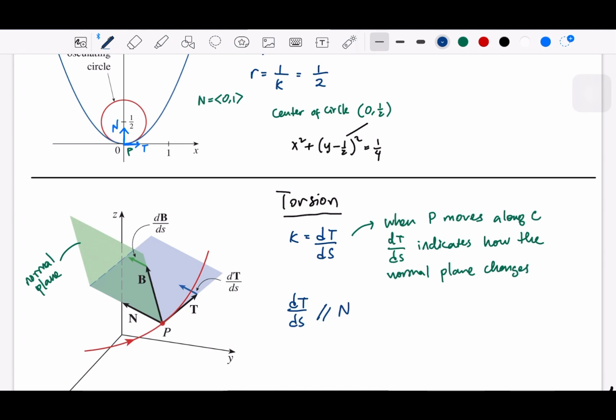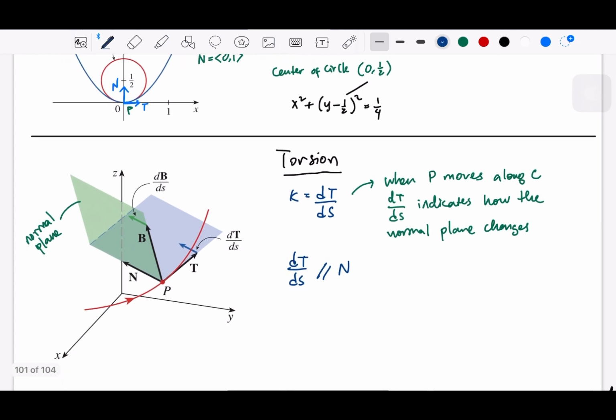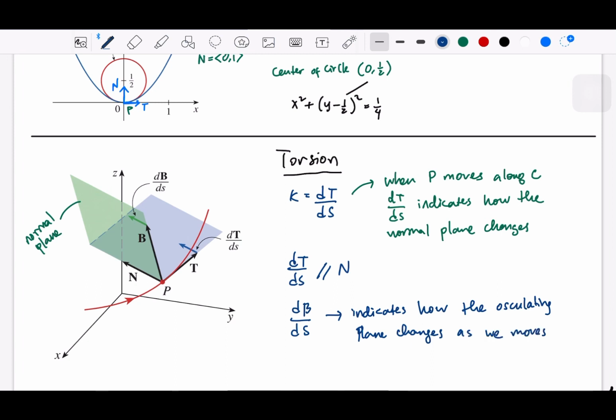And since B is the normal to the osculating plane, then if we take dB/ds, let me write it here, dB/ds indicates how the osculating plane changes as we move P, okay?